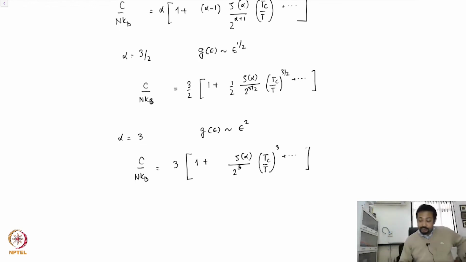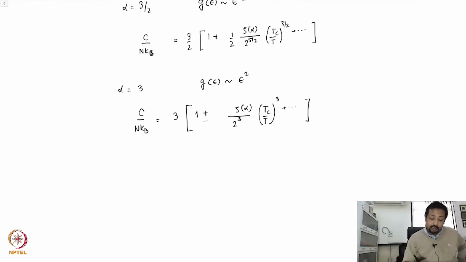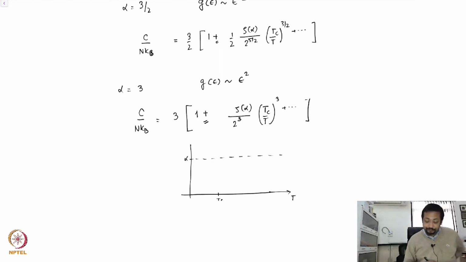Now, the interesting thing that you should know is that there is a plus sign here, which means in the high temperature limit, this is your critical temperature and you are far away somewhere over here, and this is the classical result alpha. You see, the specific heat approaches the classical result alpha n k_B from above this line in both the cases.